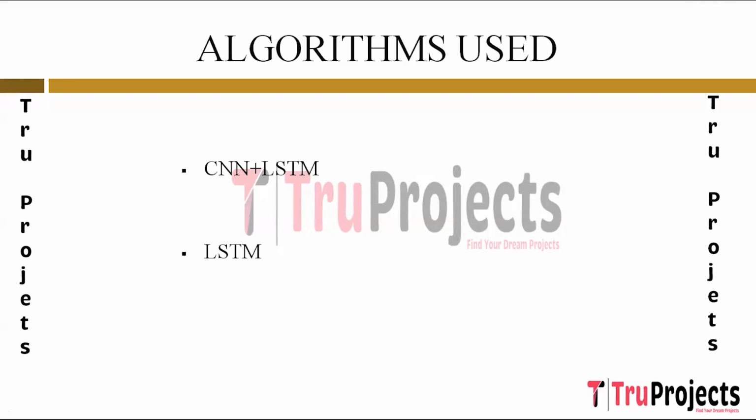The next algorithm built is LSTM, that is long short term memory. LSTM is a type of recurrent neural network architecture specifically designed to address the vanishing gradient problem and capture long term dependencies in sequential data. LSTM networks utilize memory cells and gate mechanisms, including input and output gates, to regulate the flow of information through time steps.